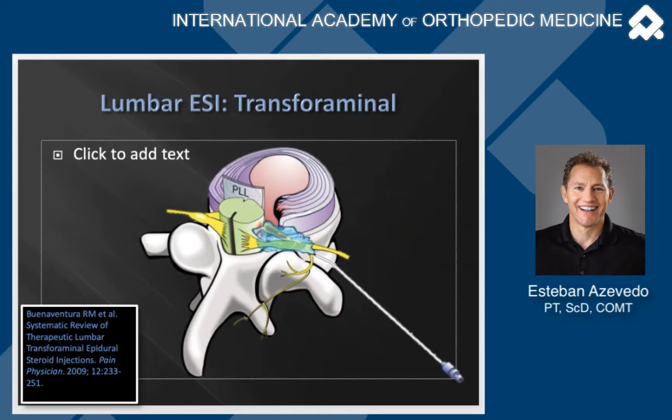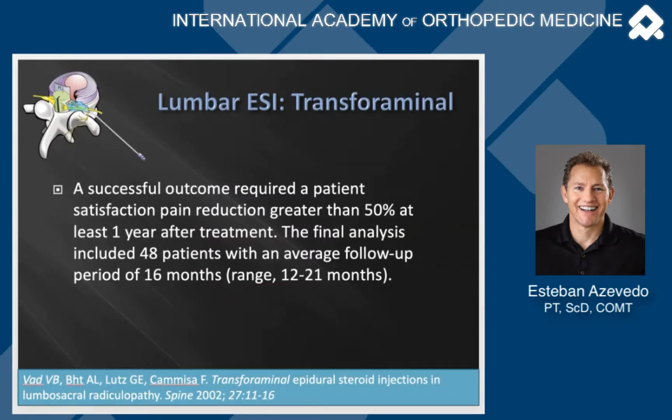And then when it comes to the low back, they could do several different approaches. They could come from the side, and that's called a transforaminal epidural. So you see the needles coming along the side, and that gets closer to the disc, or the disc is bulging, and the inflammation, and right along the nerve root.